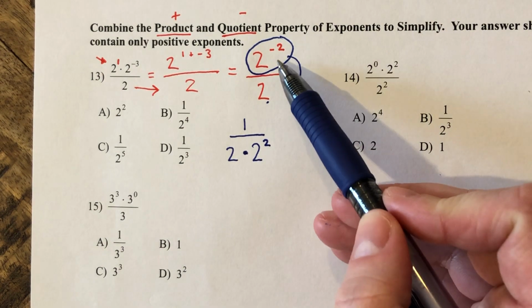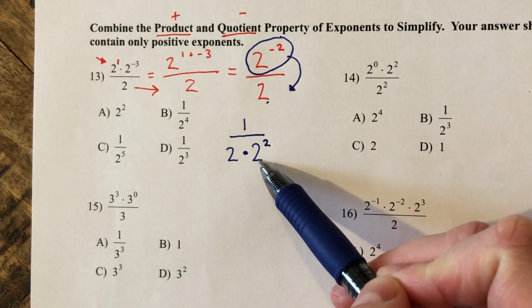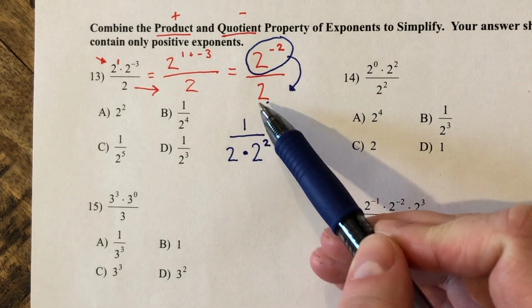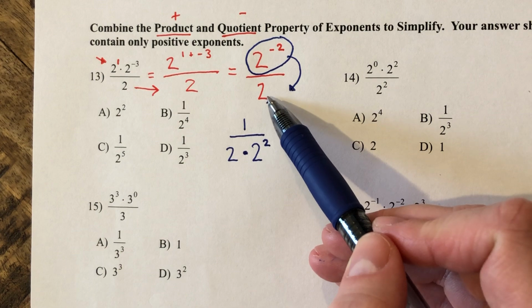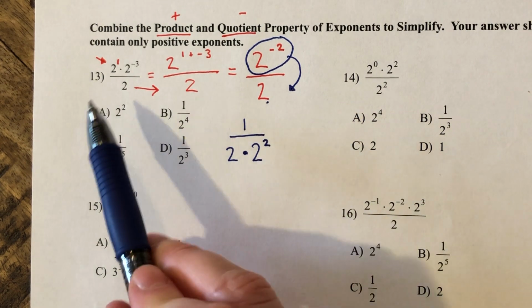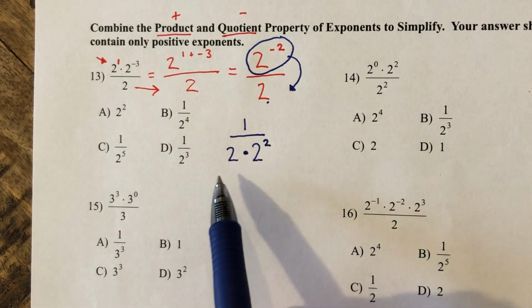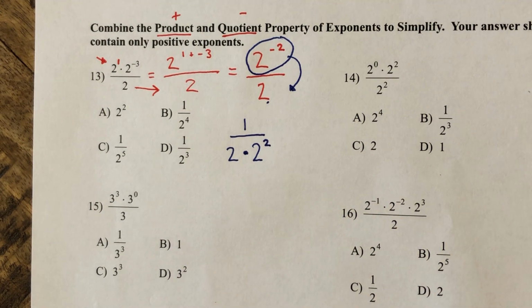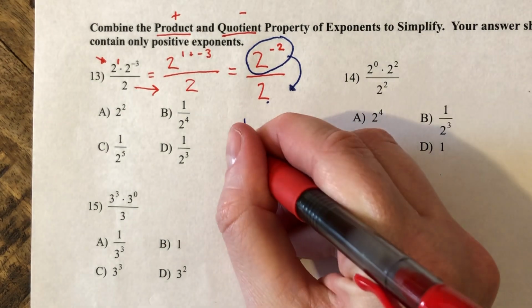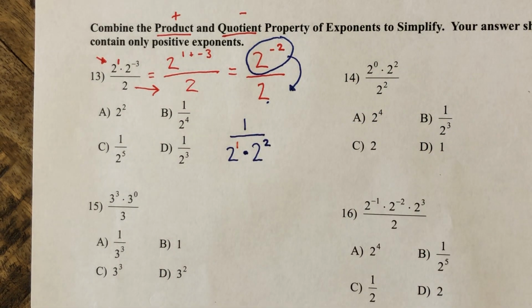I had my 2 to the negative 2, that moved and became positive. And this 2 that was originally in the denominator from the start of the problem still has to be there. We cannot forget that it exists. That original 2 didn't have an exponent by it, but we know that means that there's a little hidden 1 there.